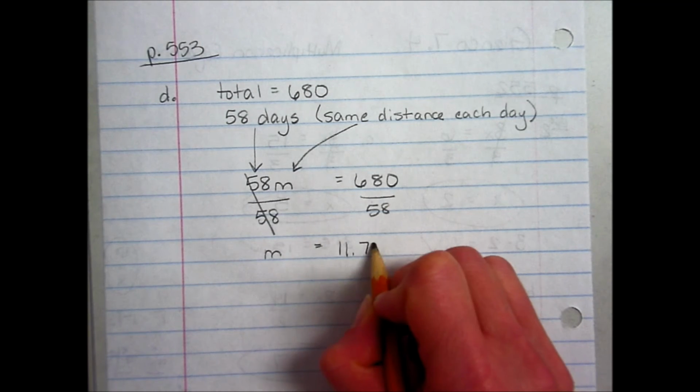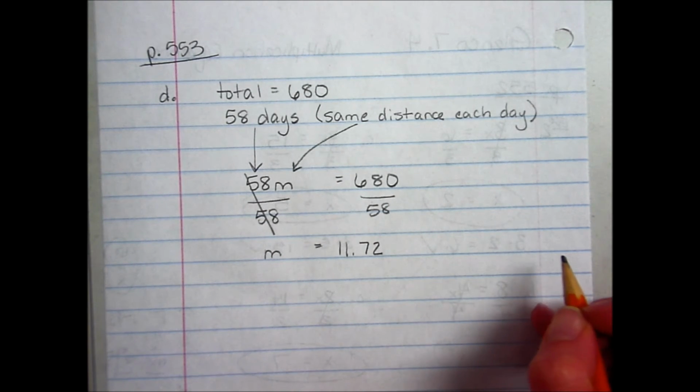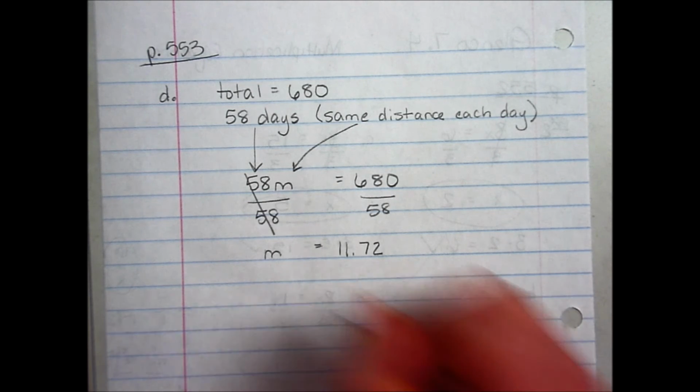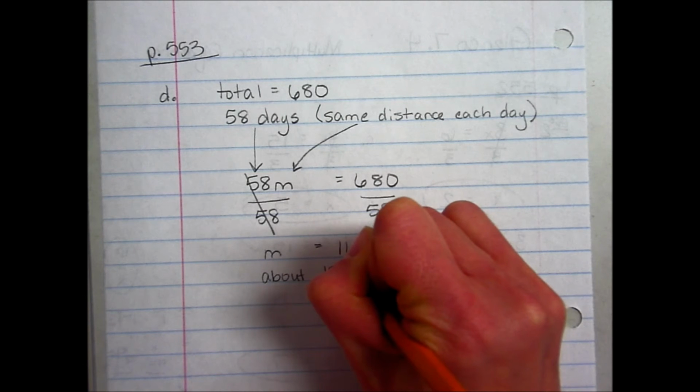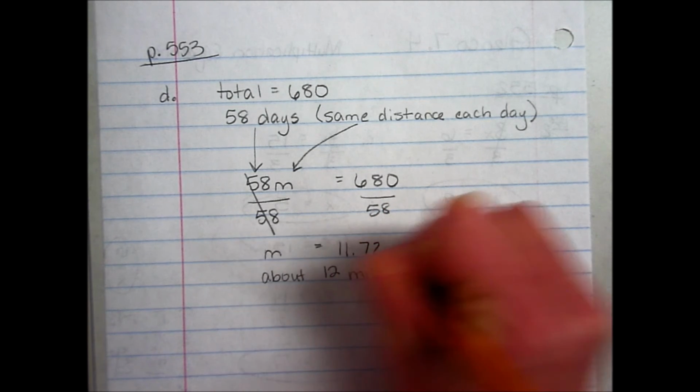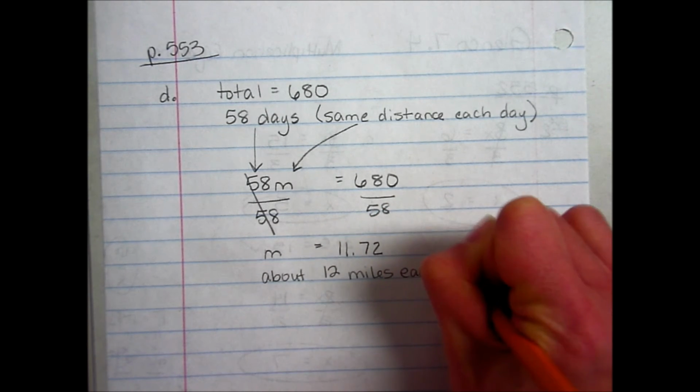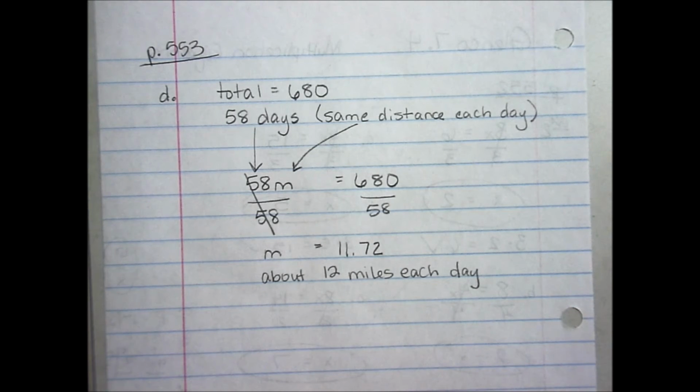It's 11.72, and it goes on. So about 12 miles each day. And it did say in the equation about how many miles they traveled. It wasn't going to be exact.